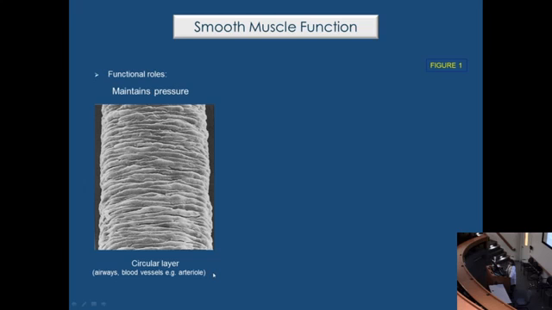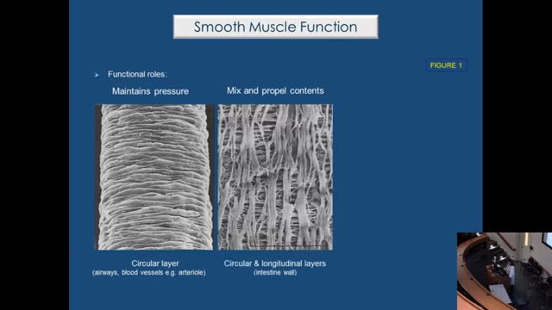So another functional role is to mix and propel contents, and the cells will do that by adopting this configuration, a circular layer, but also they do have longitudinal layers.